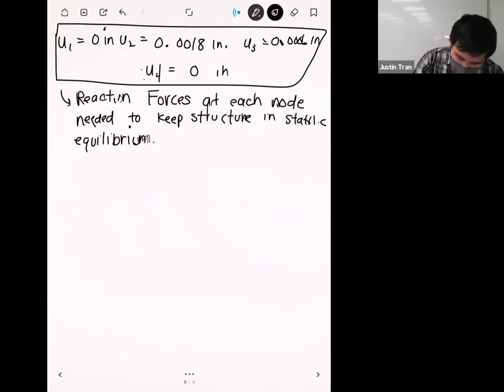To find these reaction forces, we're going to take our solution and plug it back into our global system.